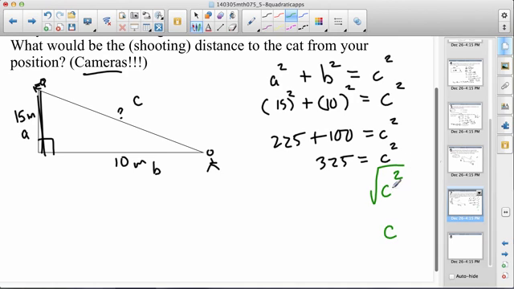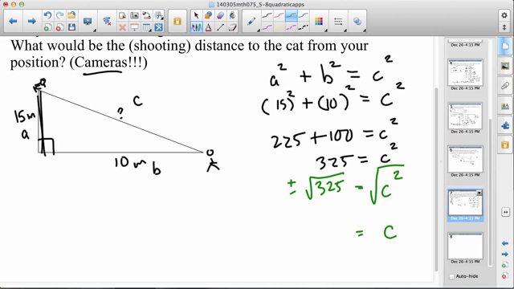And the square root of C squared will just give me a C. And that's what I'm wanting. But if I take the square root of this side, I also have to take the square root of this side. We'll learn later that your answer here has to be a plus or minus, which goes along with always having two answers in a quadratic equation. And now I just have to figure out what the square root of 325 is.